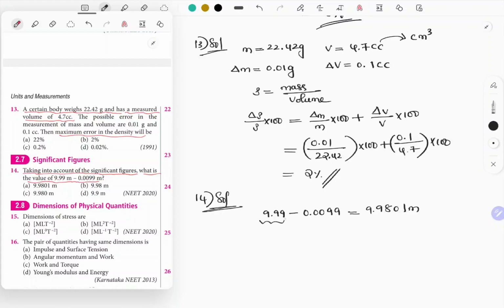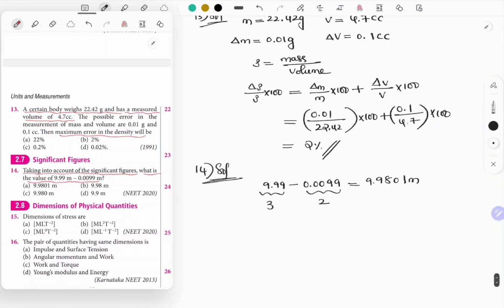Now this one has significant figures 3 and here it has significant figures 2. Comparing both of them, most of the students used to answer with the least number of significant figures. But in addition and subtraction, after the decimal point, we have to check the least number of significant figures.